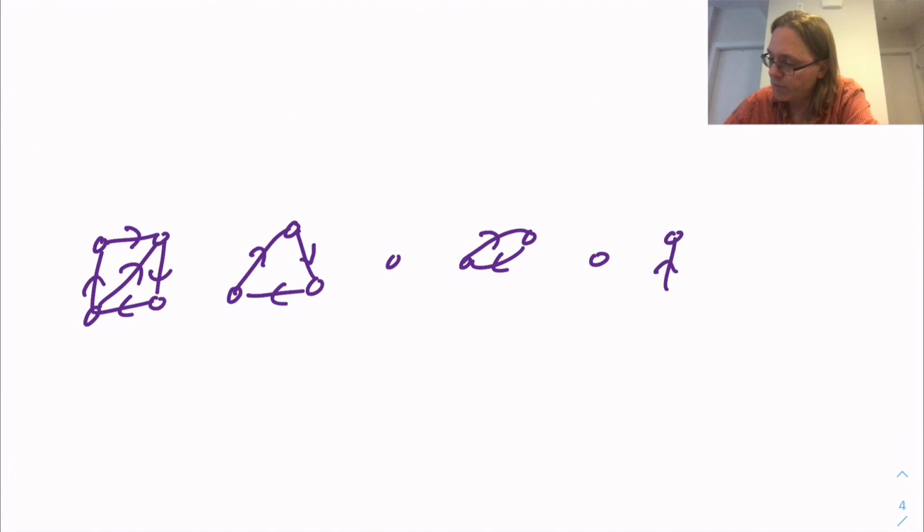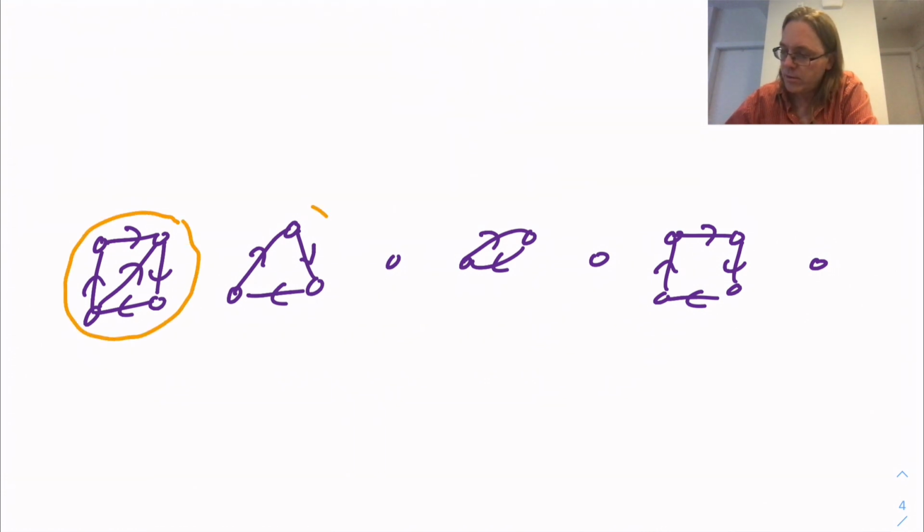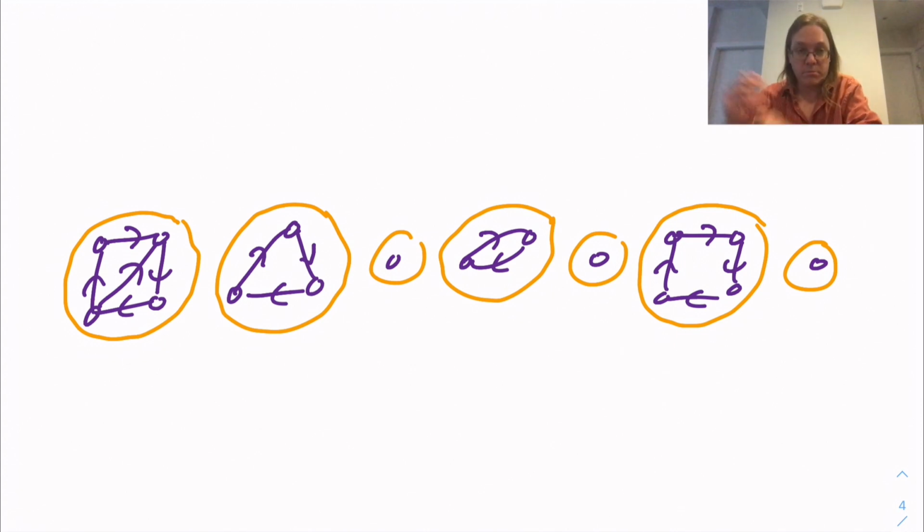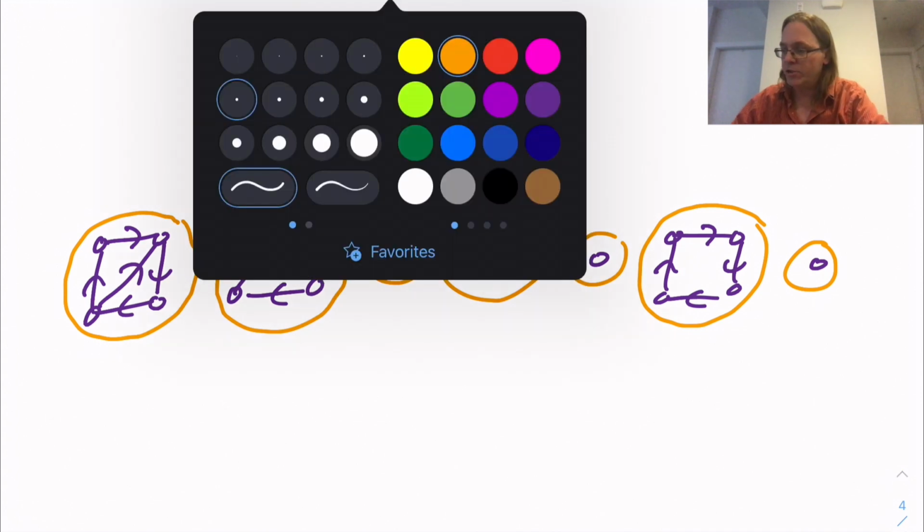Your graph is going to have the feature that when you look at the partition of your vertices into strong components, those strong components can be ordered linearly, left to right, in such a way that all of the edges that are not part of a strong component go left to right in the picture, right?